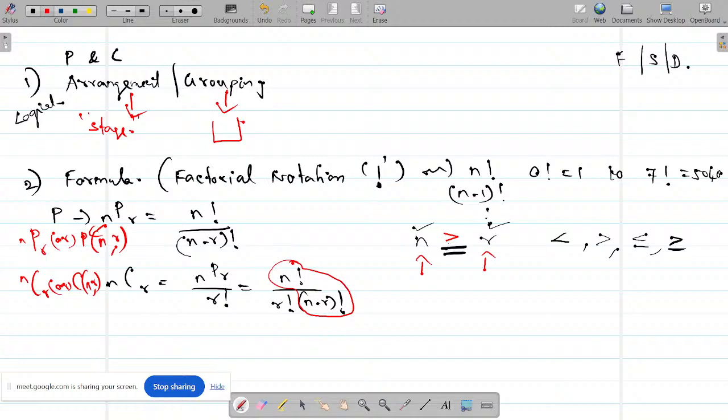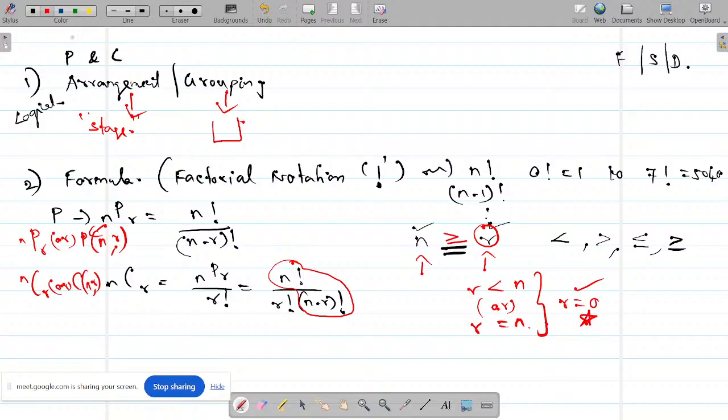Greater than or equal to, which means r can be less than n or r can be equal to n. And hope you remember I was talking about r equal to 0. Yes, r can be equal to 0, but I am not going to discuss that now because I don't want to confuse you with the concept. It is one extra point we can understand at a later period. So you just know r can be 0 also as of now.